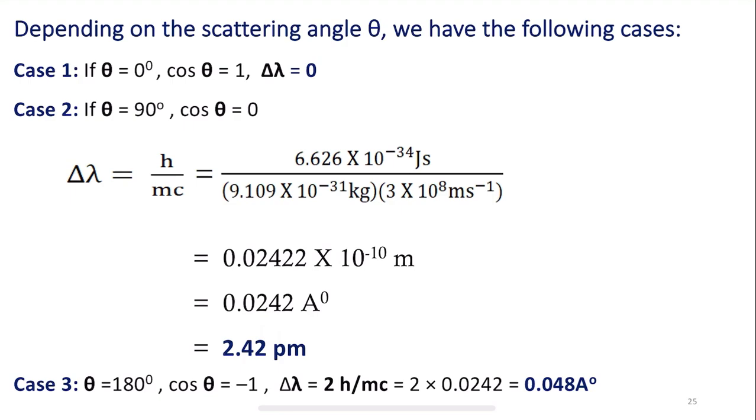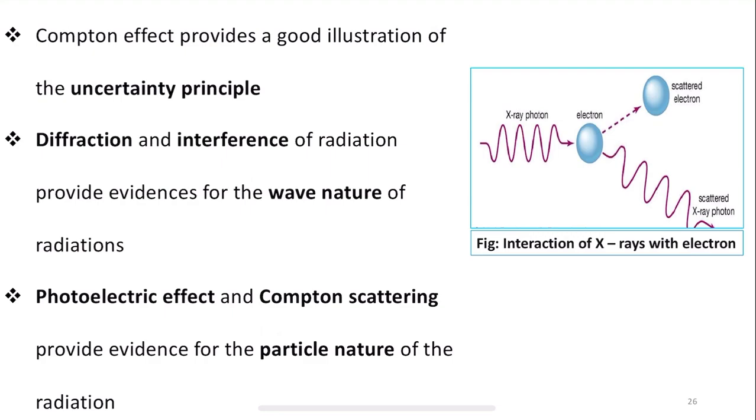Okay, so these are the three different cases which we observe based on studying this Compton effect. So what are the observations or outcome of this Compton effect? The Compton effect provides a good illustration of the uncertainty principle. Suppose X-rays are used to determine the position and momentum of an electron.